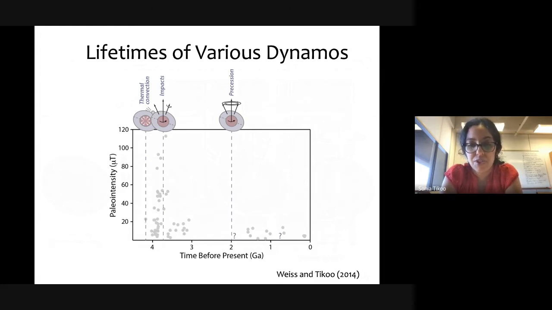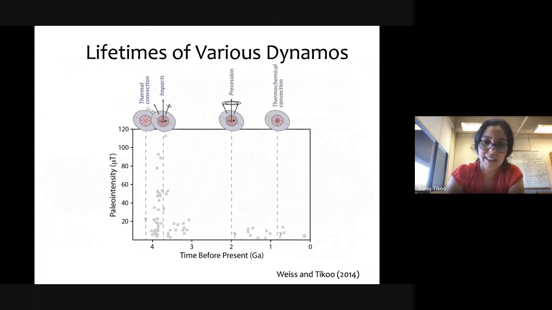And so depending on how quickly the moon was receding away from the Earth in the past, the lifetime of that type of dynamo could be anywhere between 2.8 billion years ago to even less than 2 billion years ago, and we don't really know. And then finally, there have been a few papers written about thermochemical convection sustaining a long-lived weak dynamo, and those could last till about 500 million years ago.